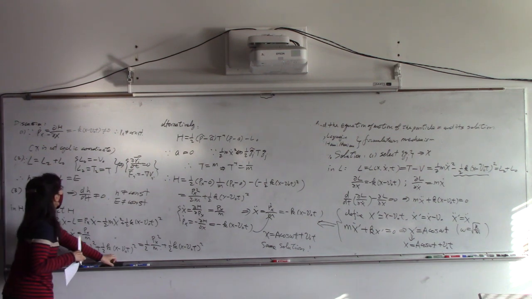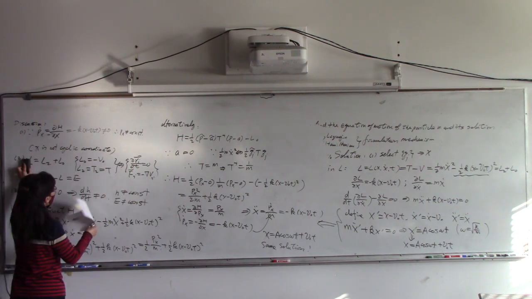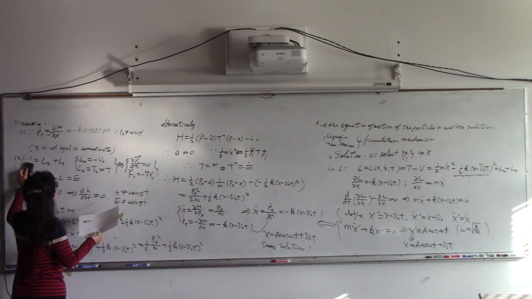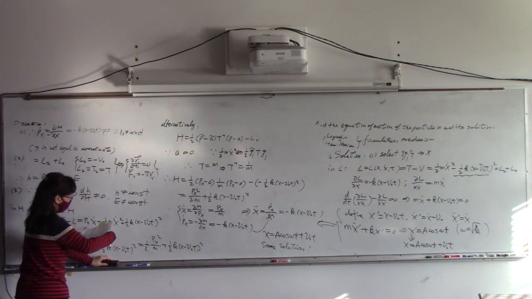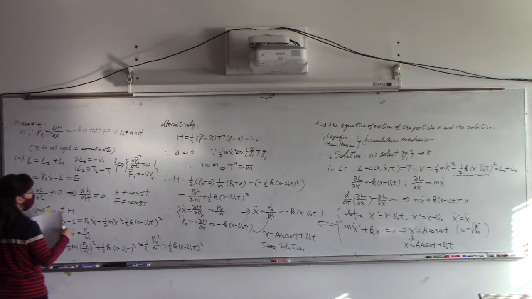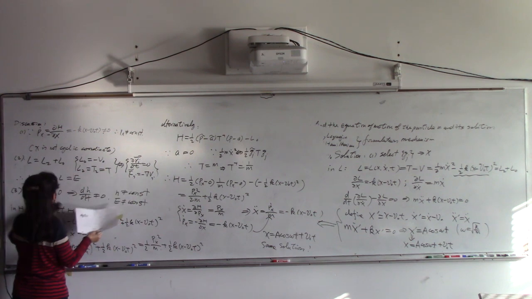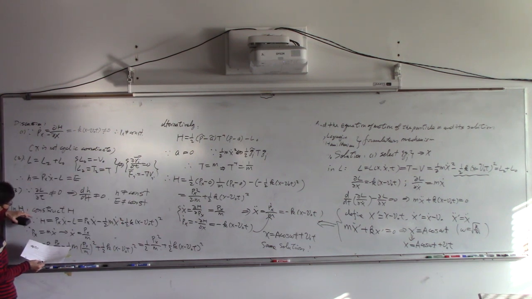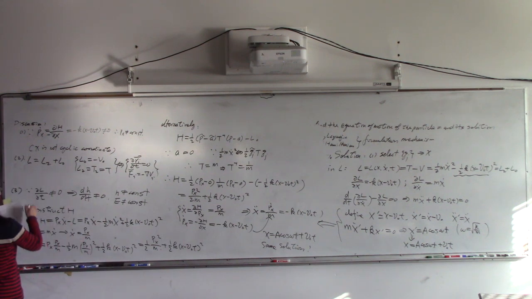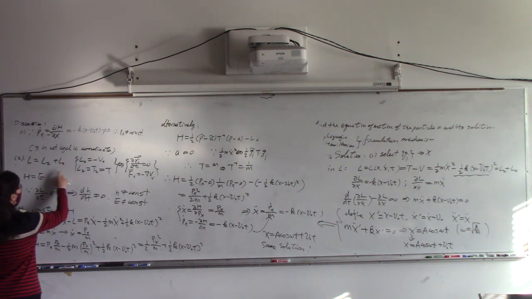And the second one is actually the same thing. I can use the same thing here, because this condition holds both for the energy function and also for the Hamiltonian, right? So we immediately have the Hamiltonian equal to energy. That is the same thing here.